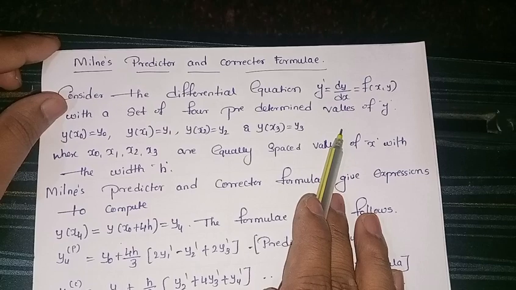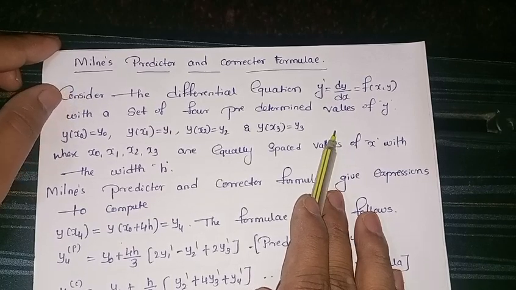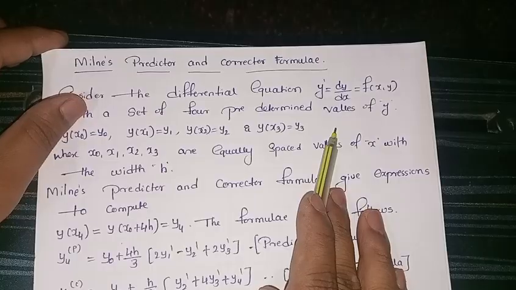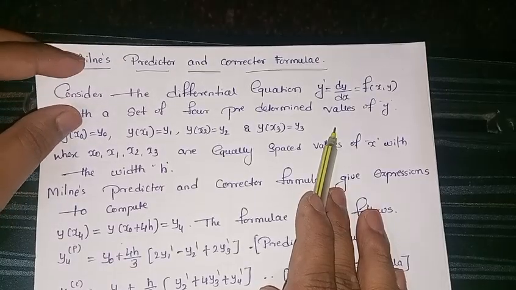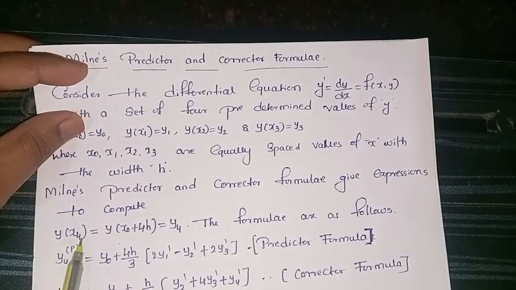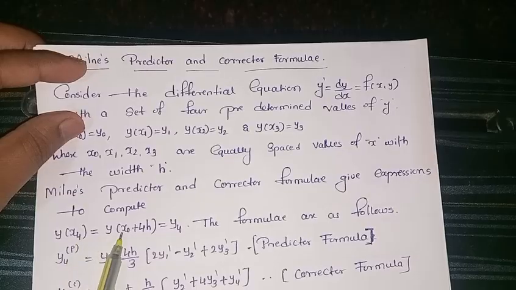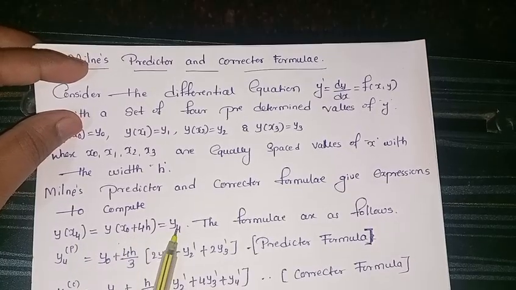So after y3, which value will come? y4. y4 corresponds to x4. So we have to find y4 at the point x4, and represent it as y of x4, which is y of x0 plus 4 times the length of the interval, that is y4.